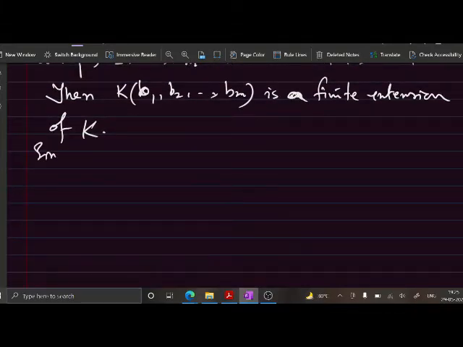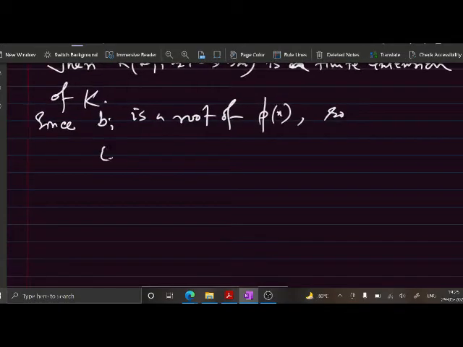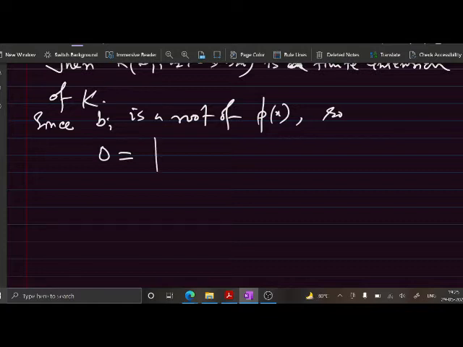Now since bi is a root of p(x), so 0 equals p(bi).